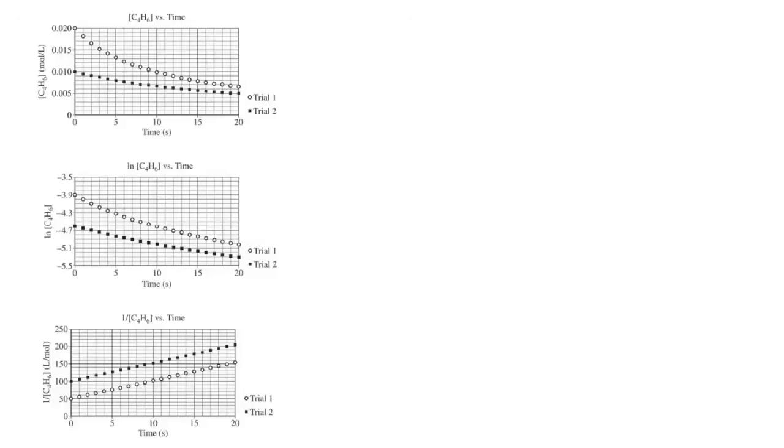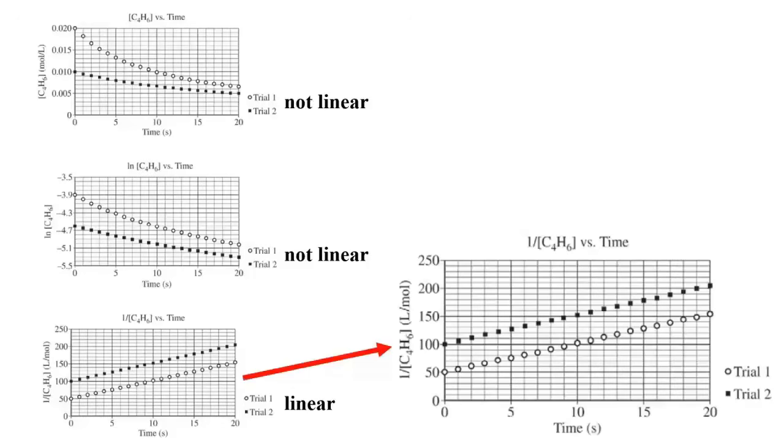So I can tell there's a lot of curvature in concentration versus time, so that's not linear. I can definitely see some curvature in trial 1 for natural log of concentration versus time. That does not look linear to me. And when I look closely at the reciprocal of concentration versus time, looks like nice straight lines, so that's linear.